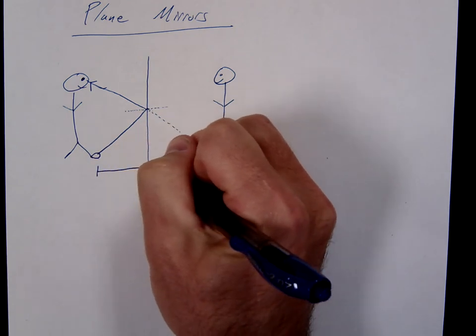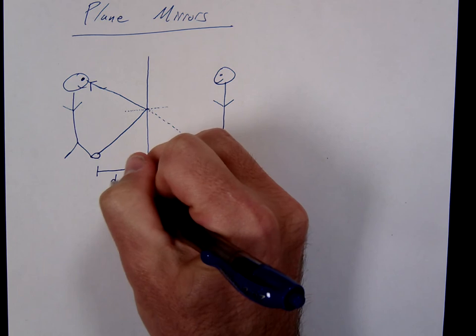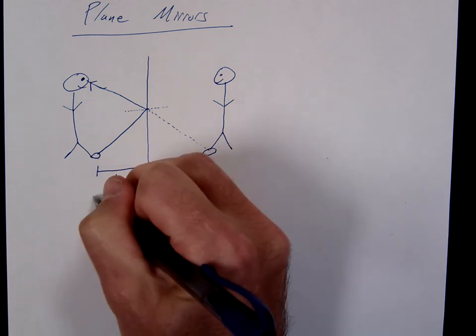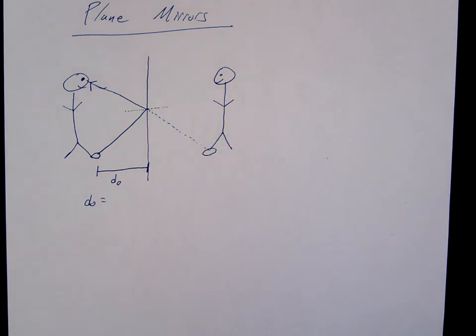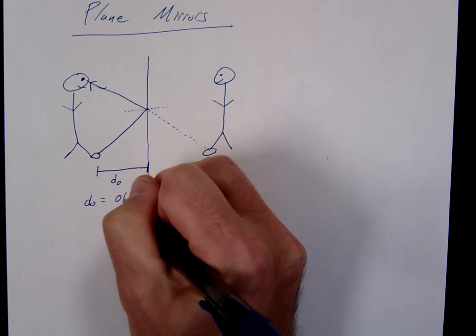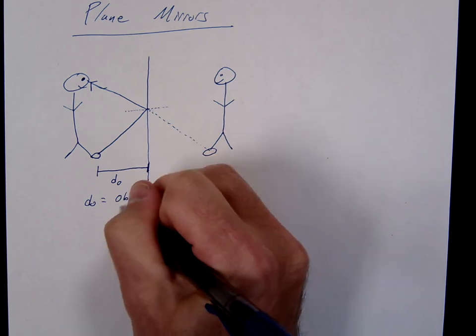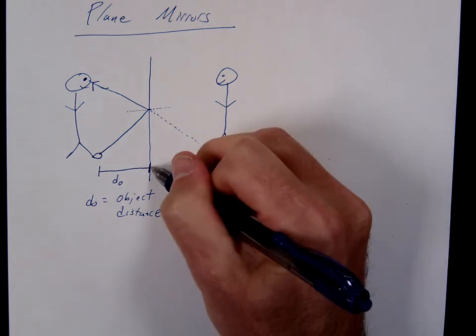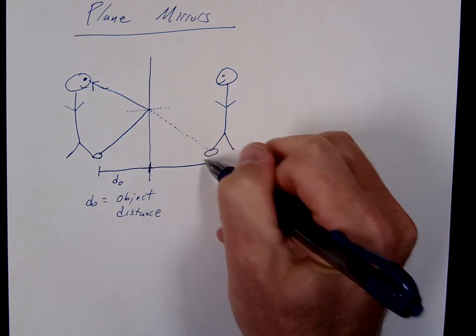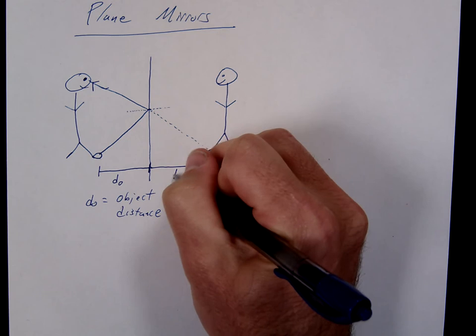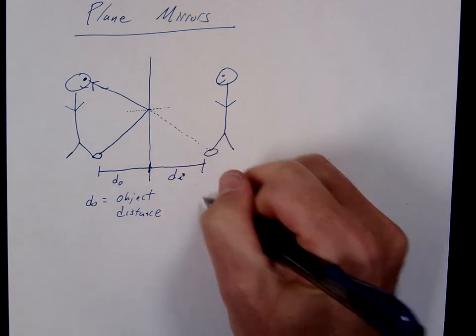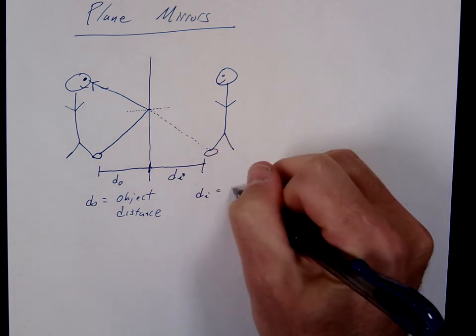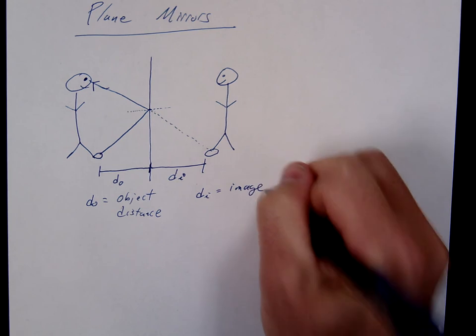And if you could somehow measure the distance, let's say you could measure this distance. Let's call this distance DO. This means the object distance, where the object is you. This one over here we'll call DI, where DI is the image distance.